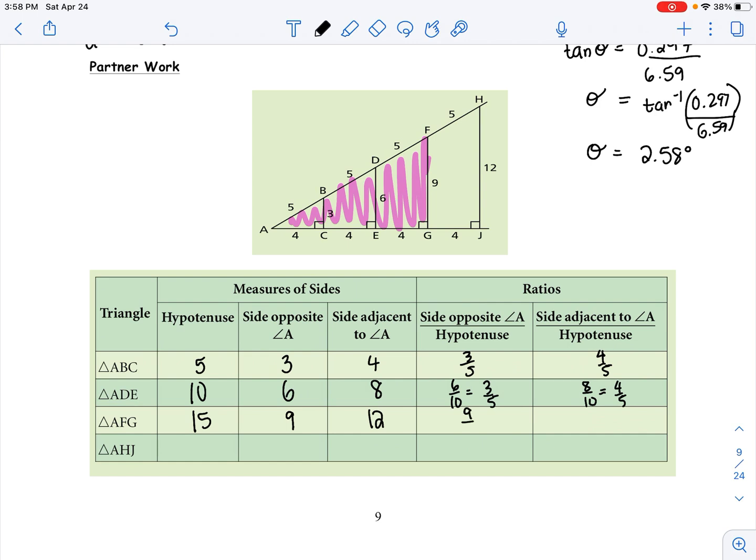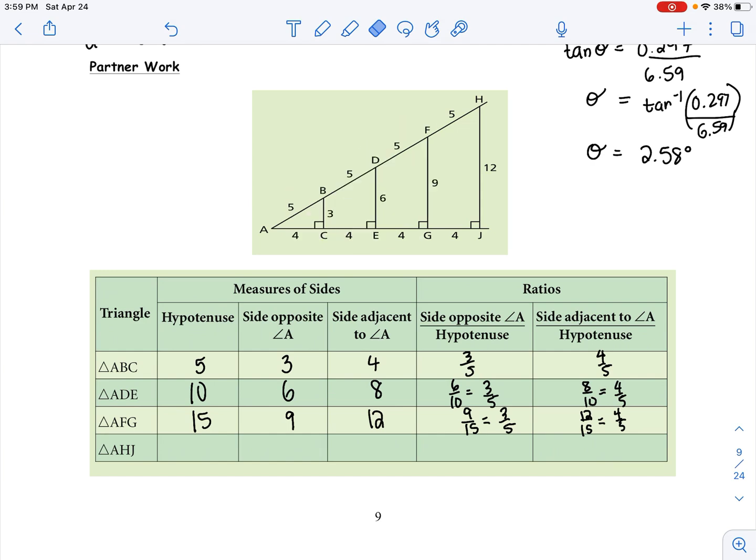So the opposite side is 9 over your hypotenuse 15, and you can simplify that by dividing the top and bottom by 3, which is 3 over 5 as well. And then our adjacent over our hypotenuse is 12 over 15, where the top can be divided by 3, and the bottom can be divided by 3, which is 4 out of 5. So same as the top ones.